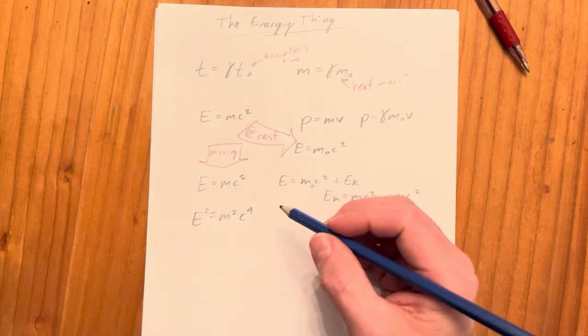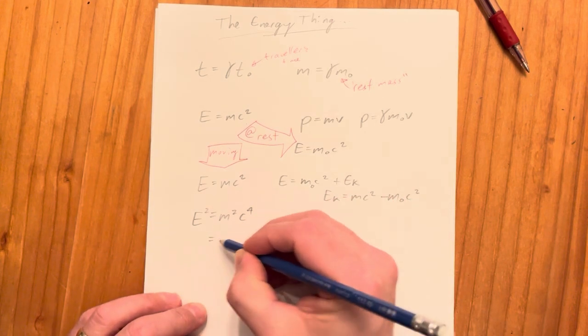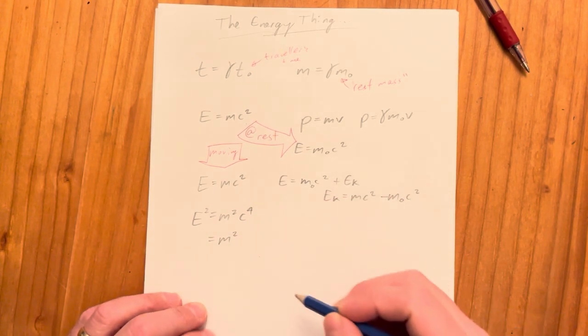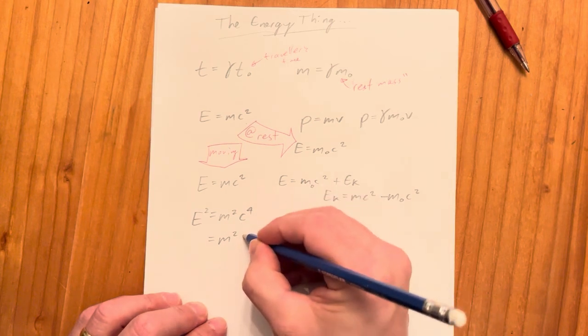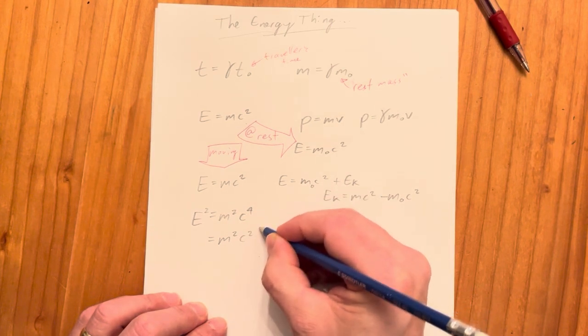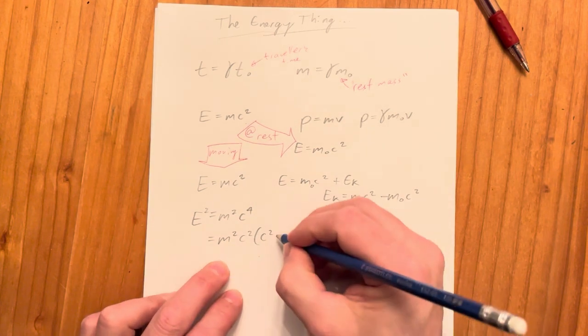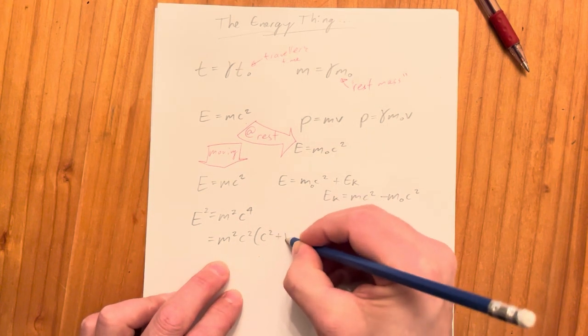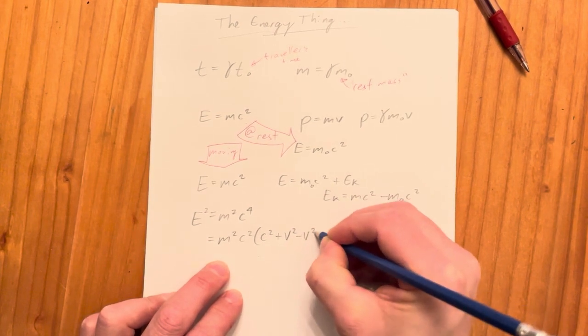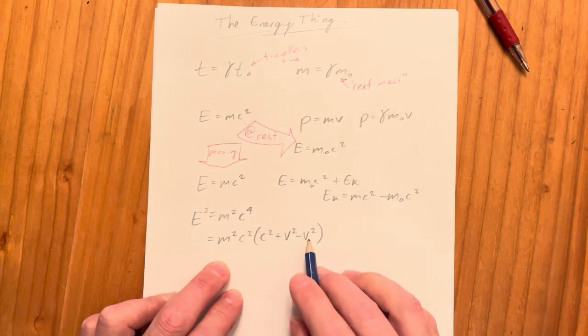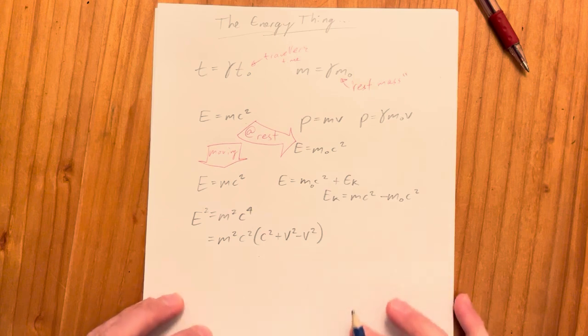And so if you split this c to the fourth into c squared times c squared, I'm going to add a little doodad in here and say this is c squared times v squared minus v squared. So I'm really just adding 0 so I can do it.